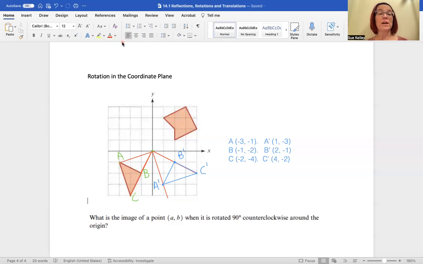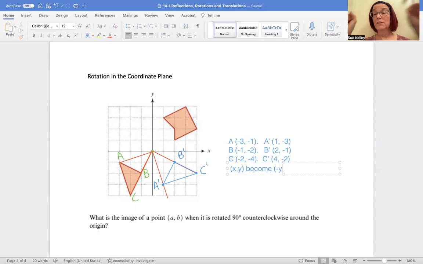So let me see if I can write that out for you. Here in our pre-image, we have X and Y, and they become the opposite of Y and X. If Y is positive, it becomes negative.